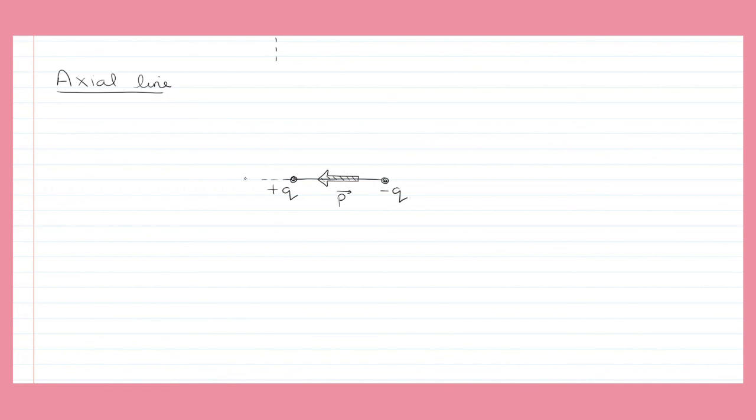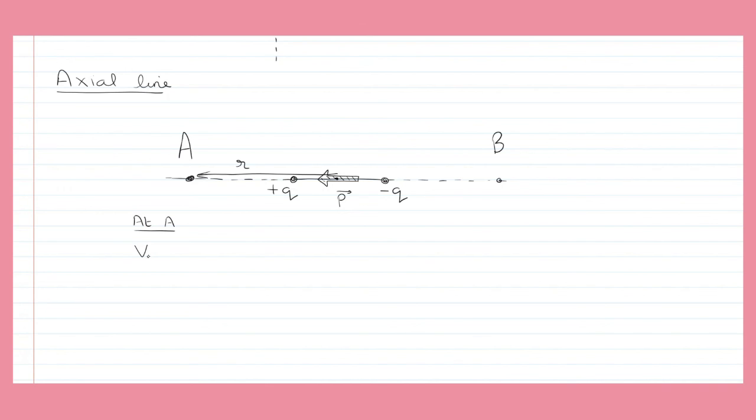This is the dipole moment, and this is the axial line. Now the axial line has 2 points. Suppose I make one point A here and another point B here. So if we take A, from the center we draw the position vector. This is R. So you can see that the angle between P and R is 0.